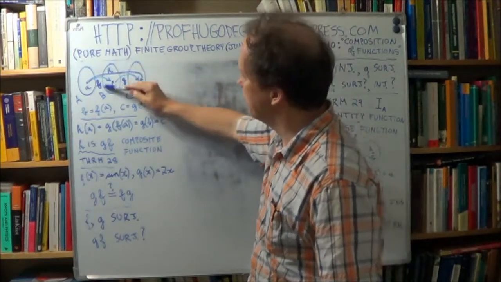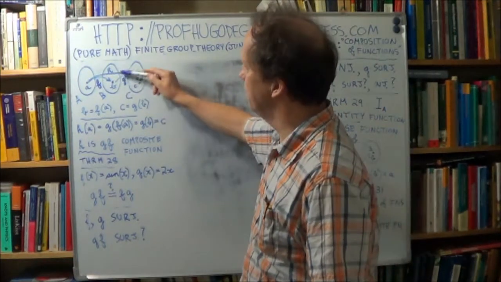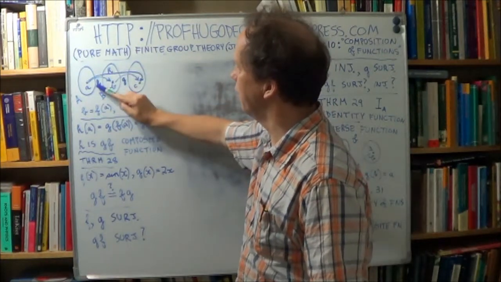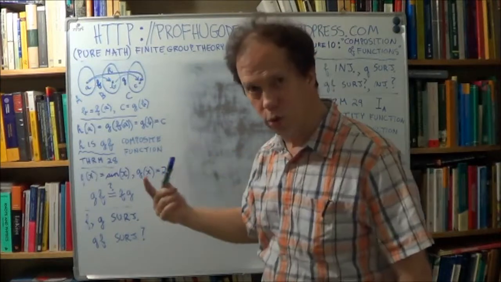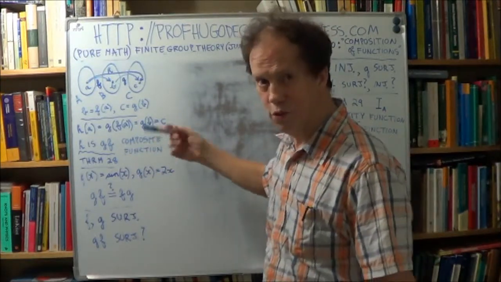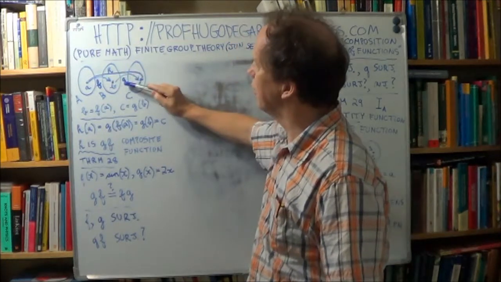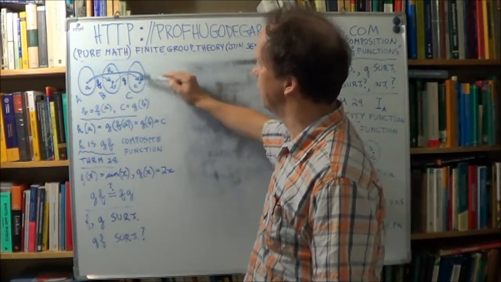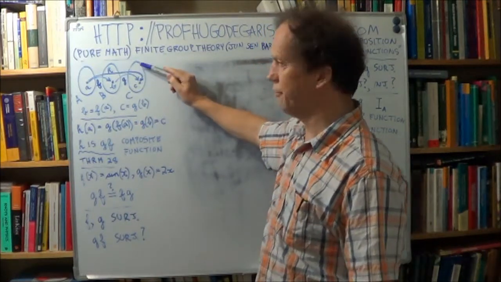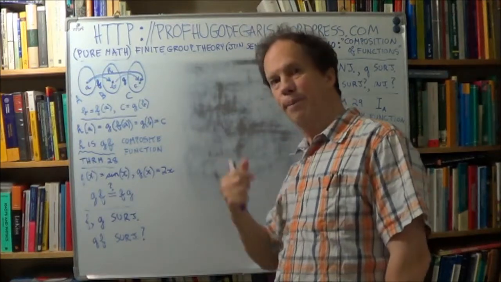So in a sense, this middle set here, on the one hand, it's the codomain of F, but in another way of speaking, it has a dual role, if you like, has two jobs. It's the domain of this function G. So this set here, big C, is in effect a second codomain, right?